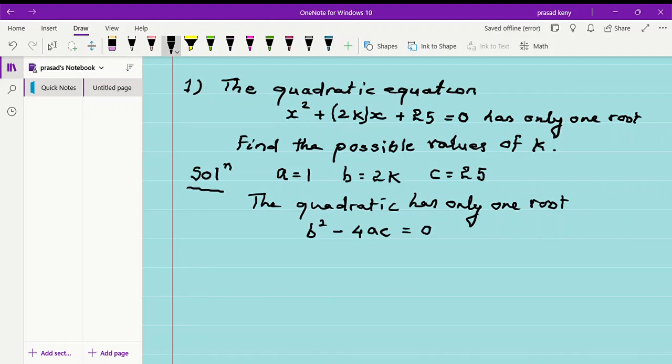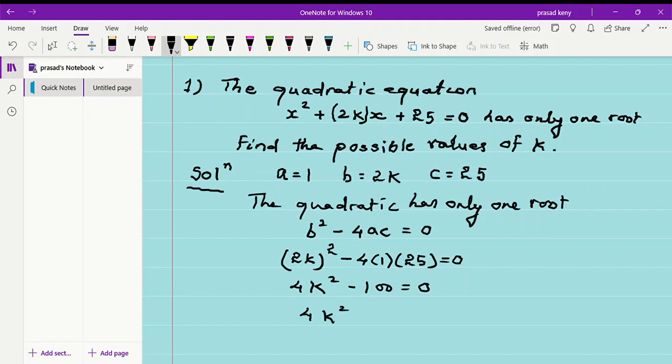So put these values: b square, that is 2k the whole square, minus 4, a is 1 and c is 25, equal to 0, which gives 4k square minus 100 equal to 0, or that is 4k square is 100, which means k square is 25.